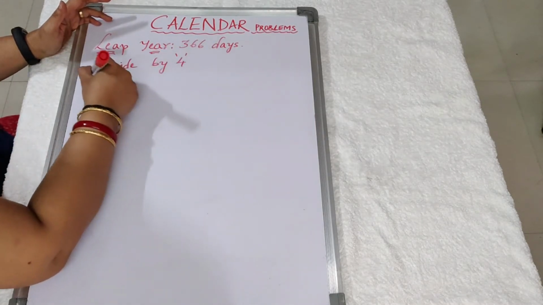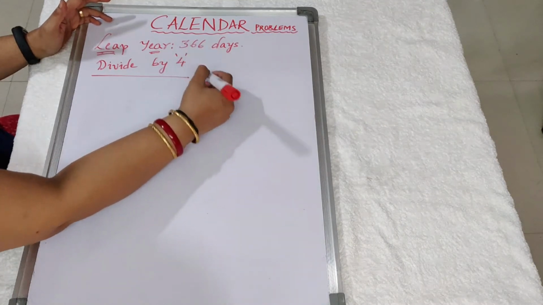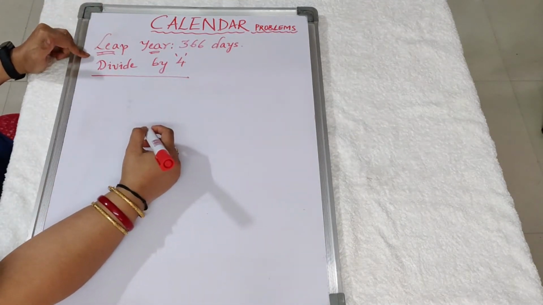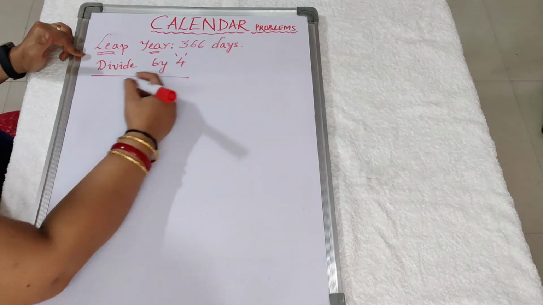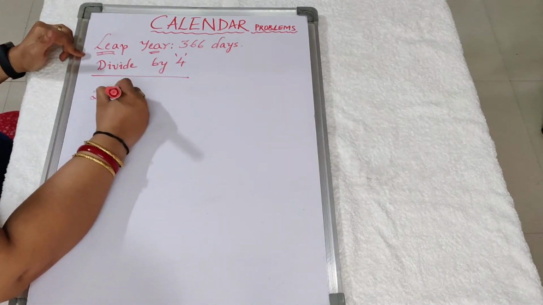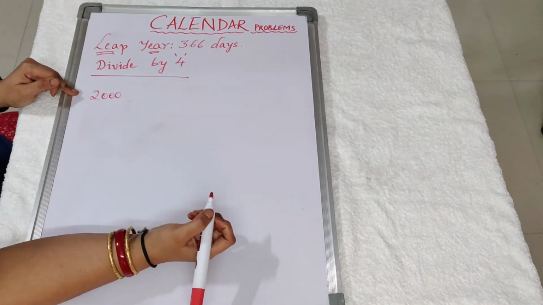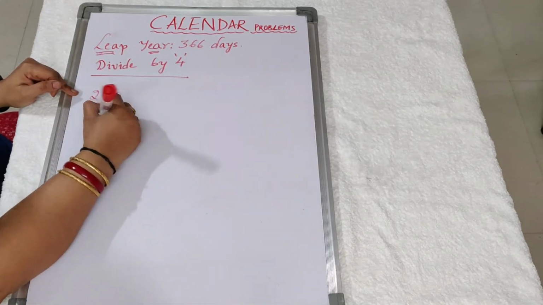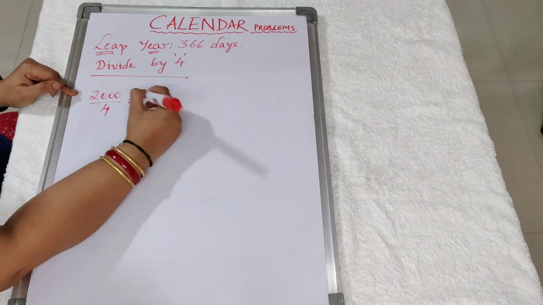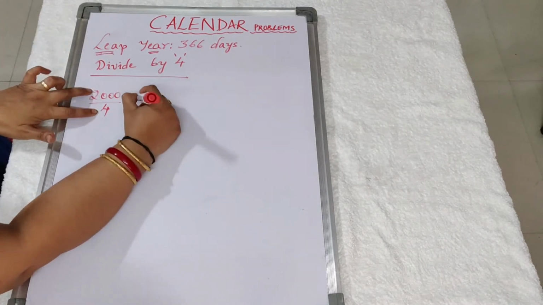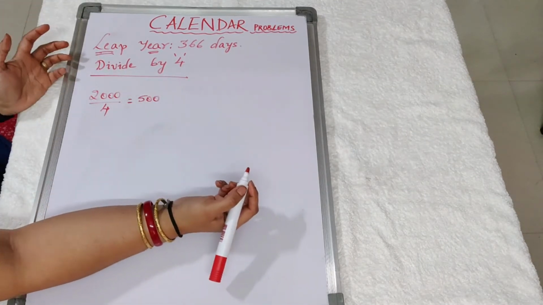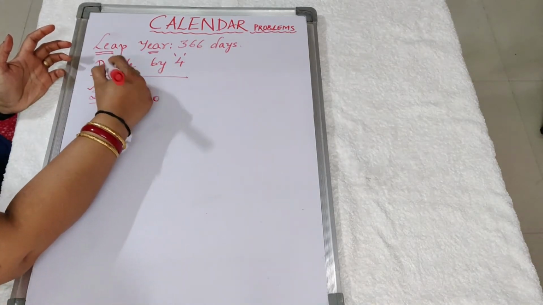This is the golden rule for finding a leap year. Say suppose you have the year 2000. How do you know whether it is a leap year or not? You divide it by 4. If it is divisible by 4, well and good. 4 5s are 500. Yes, it is completely divisible by 4. So 2000 is a leap year.